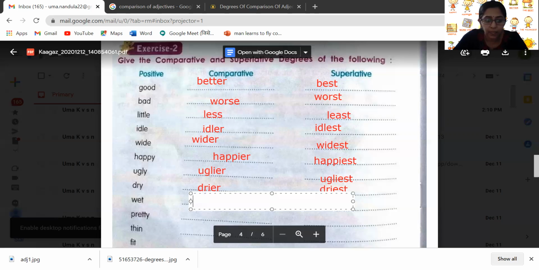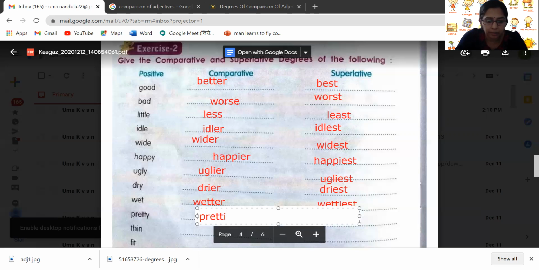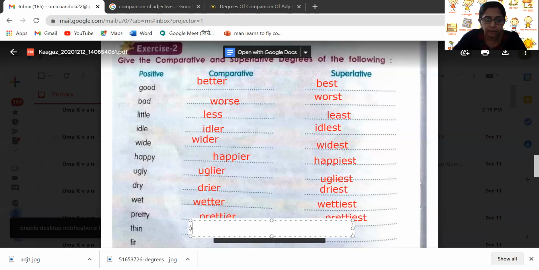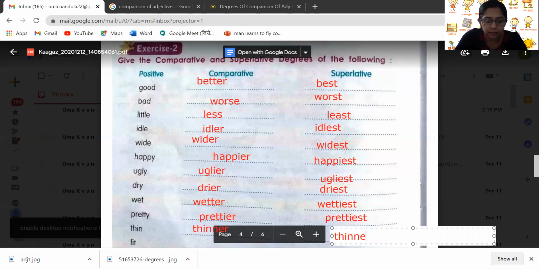Wet becomes double. Wetter, wettest. Pretty, prettier, prettiest. Thin, thinner, and here thinnest.